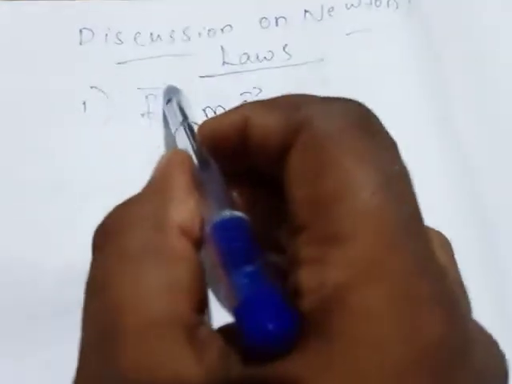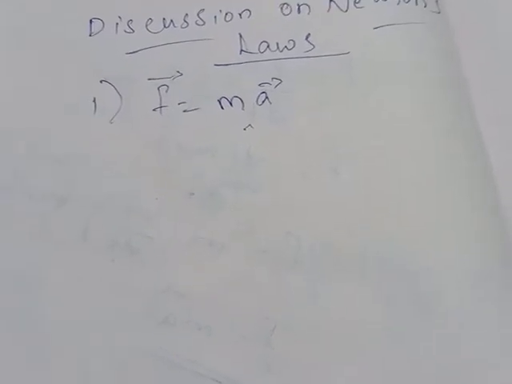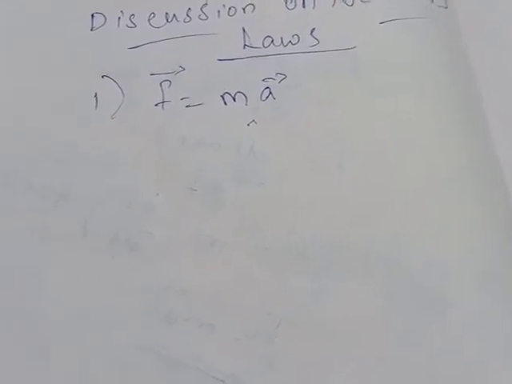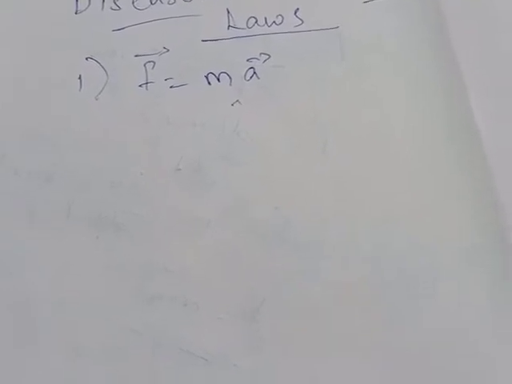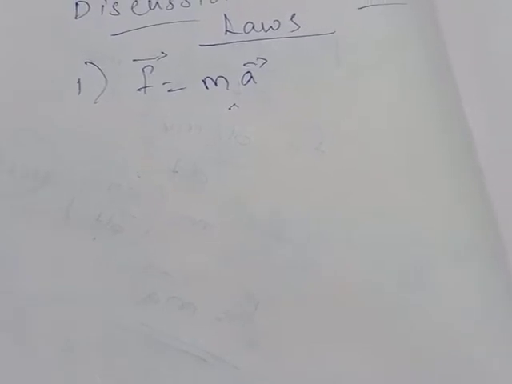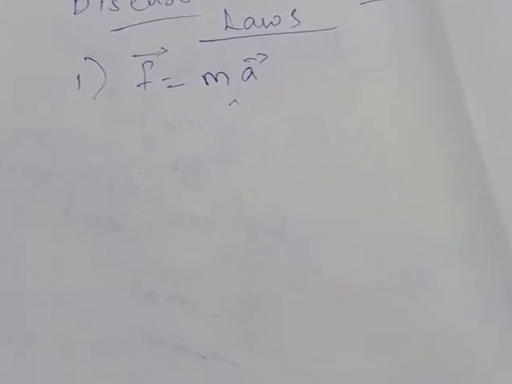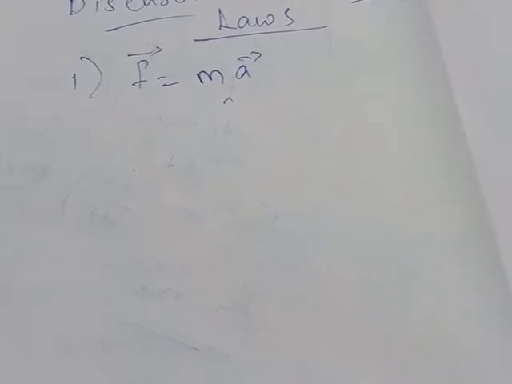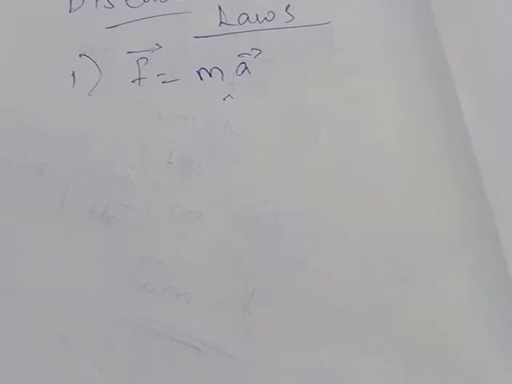Both sides contain vector quantities, and it also contains scalar equations. So three scalar equations together make one vector equation. We know this while studying vectors and scalars.